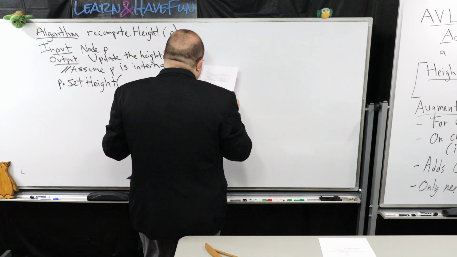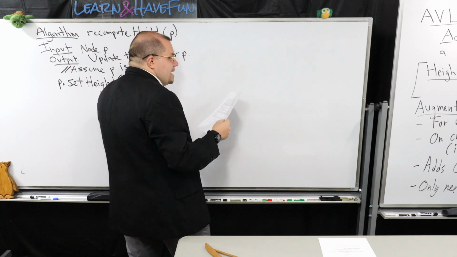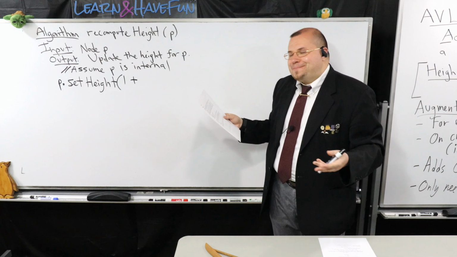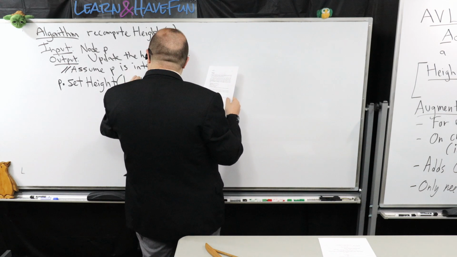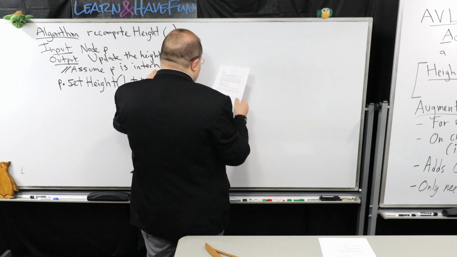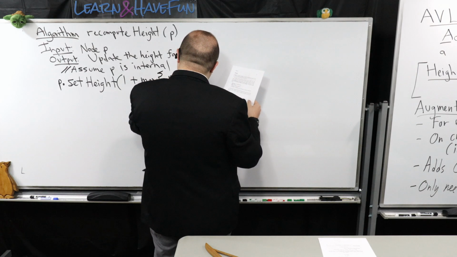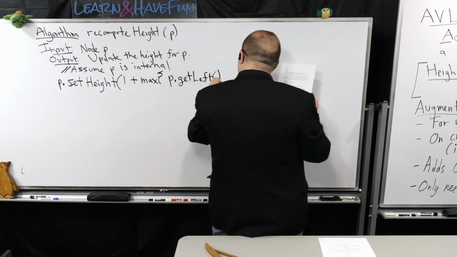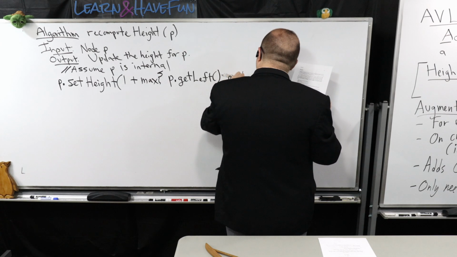So P, I'm going to call set height. I'm going to now put in just the formula I gave you for computing the height of a node. So I'll just remind you in a moment. It's 1 plus the maximum of the following two values. P dot get left, so I'm just going to get the left node, and then I'm going to call get height.